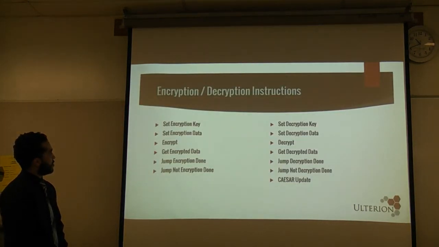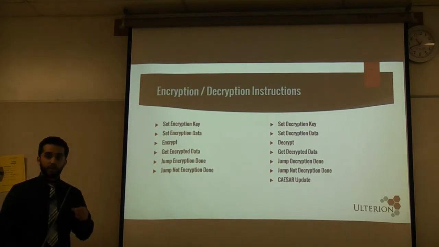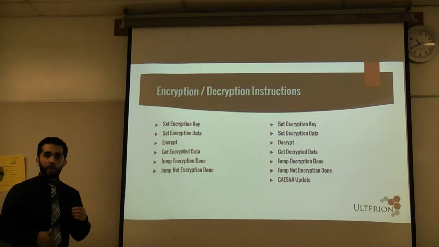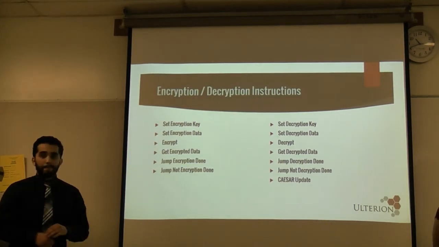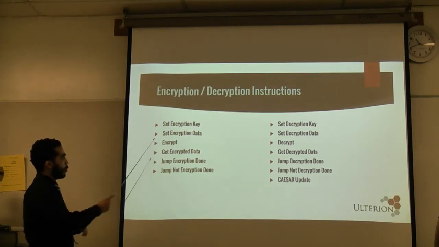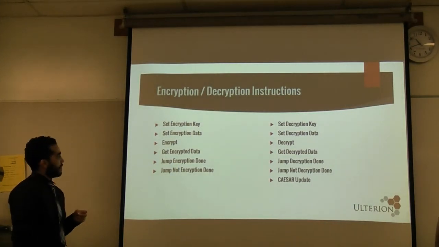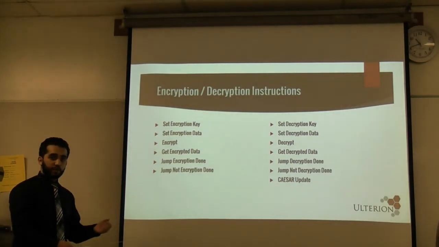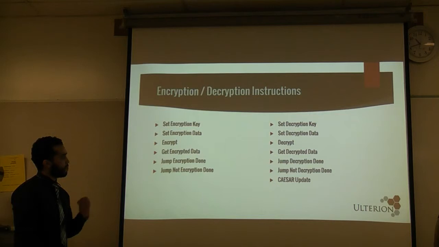Now the new instructions that we have are set encryption key, which loads the values into the encryption key field, and set encryption data, which loads the data you want to encrypt into the unit. How much data is that? 128 bits. Then we have the encrypt signal, which sets the machine to start encrypting. You have get encrypted data, which gets the results from the encryption. You have jump encryption done, which is a jump instruction.